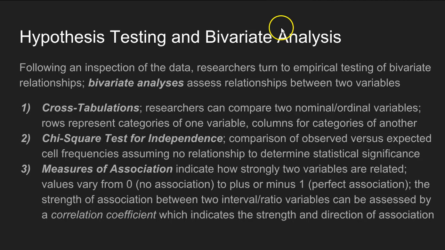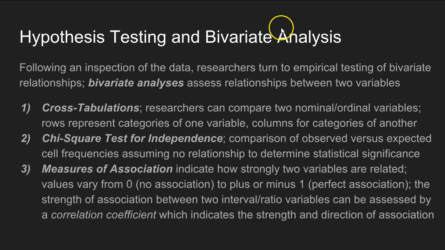In addition to the cross-tabulation, measures of association, like a correlation coefficient, are helpful for indicating the strength of an association between two interval or ratio level variables. Correlation coefficients indicate two things.